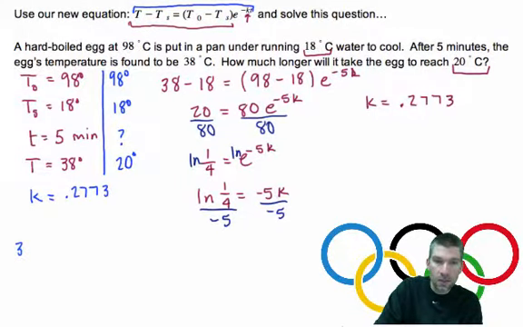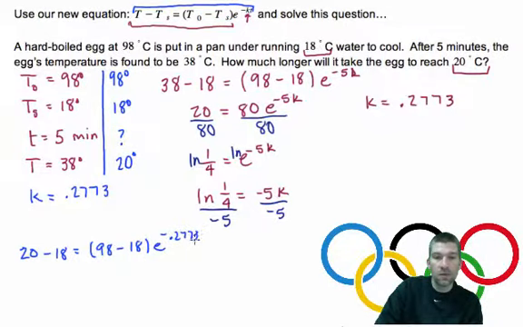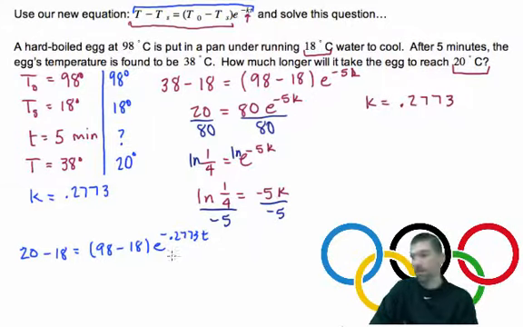Gee willikers. 20, the temperature that we're interested in, minus 18, the temperature of the surrounding area, is equal to the starting temperature minus the temperature of the surrounding area times e to the negative 0.2773t. All right? And there you go. That's the setup for this guy.